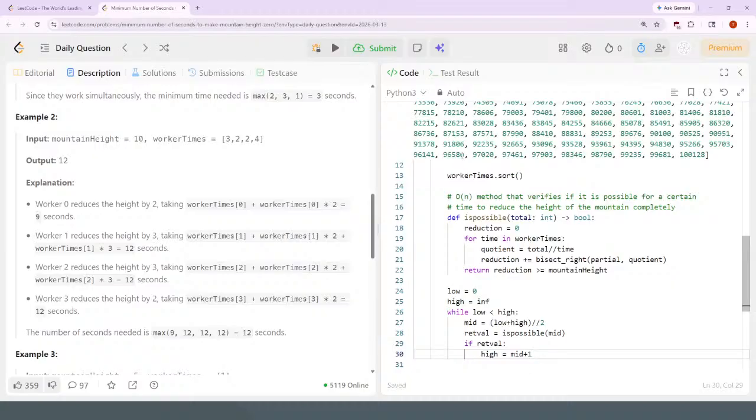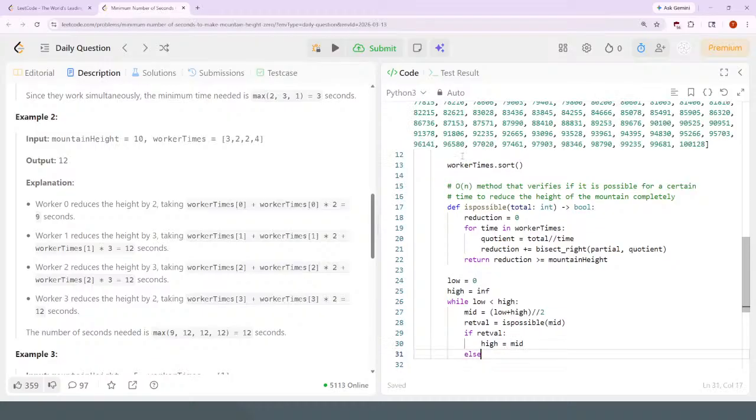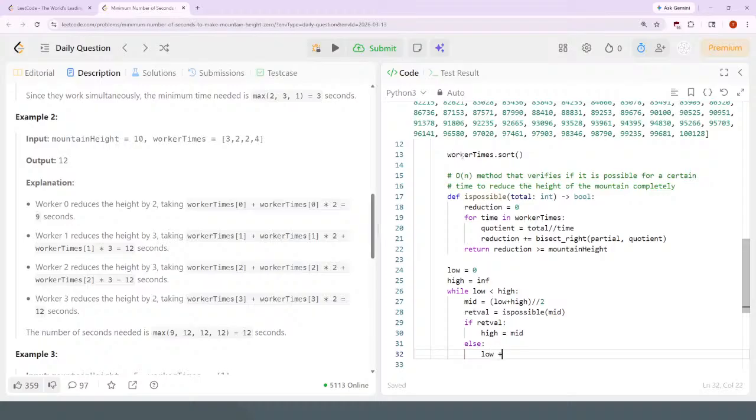No. It should be mid because it was 5, 6 and it worked. Then I can't just make it 5, 6 again. So it has to be mid. Yeah, high has to be mid. Else low has to be equal to mid plus 1, I want to say. If it's 5, 6 and that didn't work, then low needs to increase past mid.